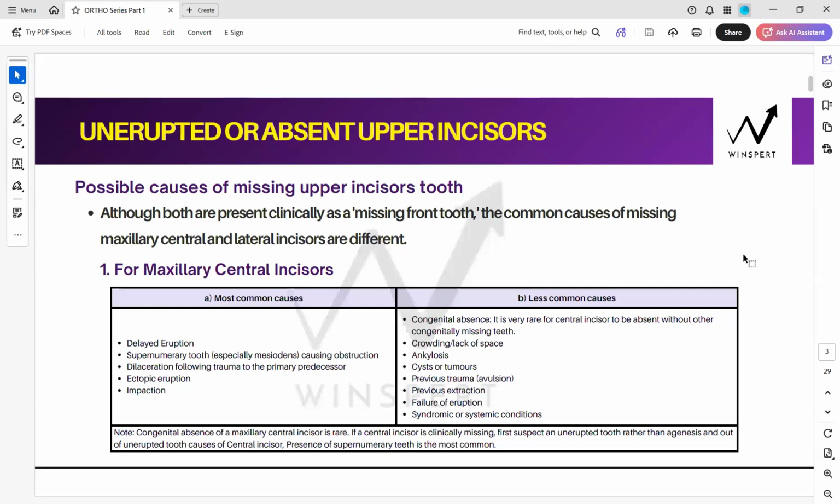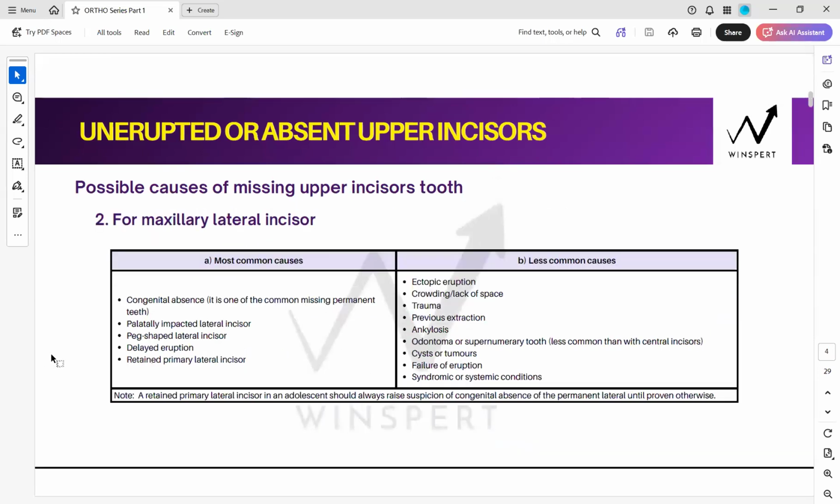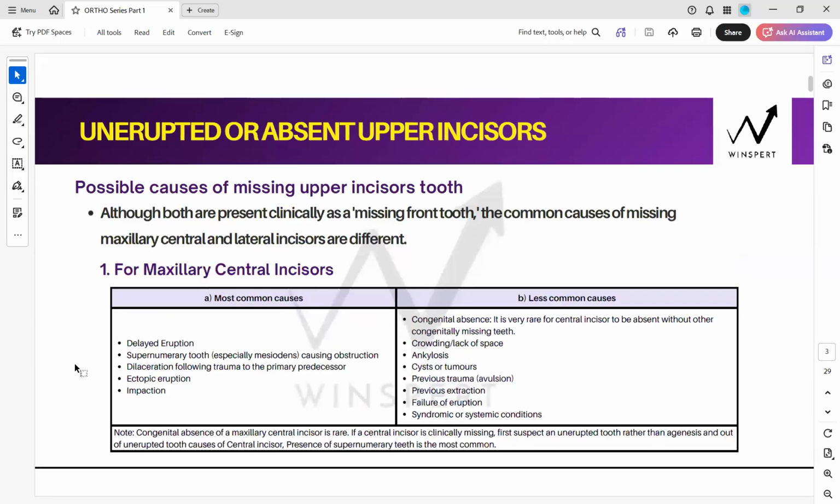Understanding these differences is essential to plan the treatment for a missing central incisor as well as a missing lateral incisor. Correct diagnosis and correct treatment planning come once you know the common causes for centrals and how they differ from your lateral incisors. Central incisor causes are different and lateral incisor causes are different. I will be covering both of them.